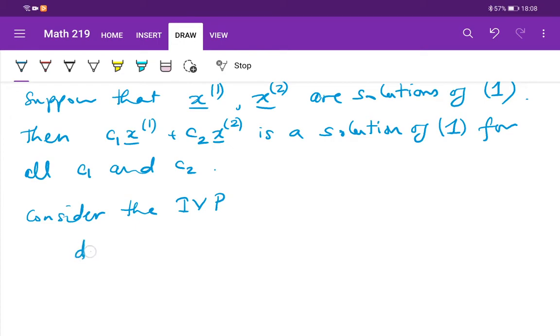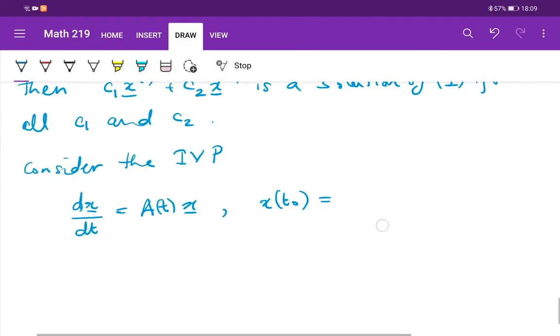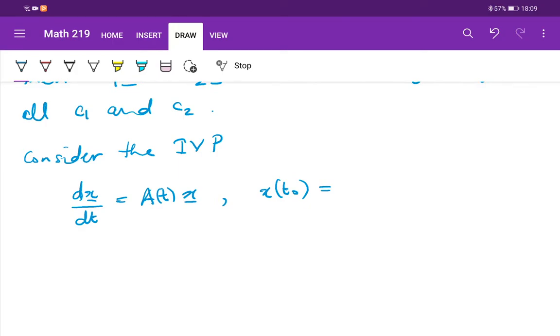So we consider the same equation, dx/dt is equal to A(t)x, and x at t0, so pick some point t0, is equal to the vector 0, 0, 1, 0, up to 0, where this 1 is in the ith place.